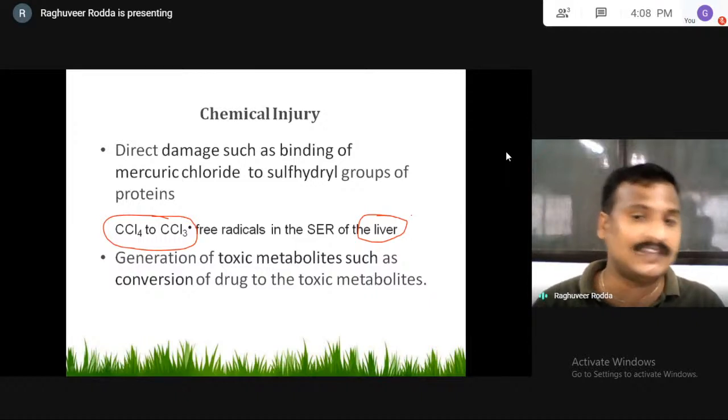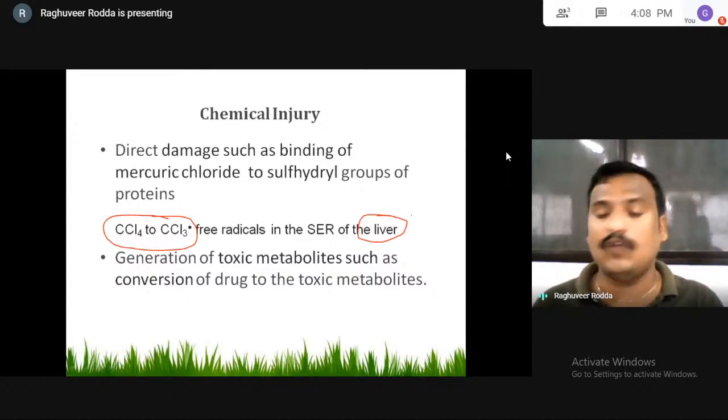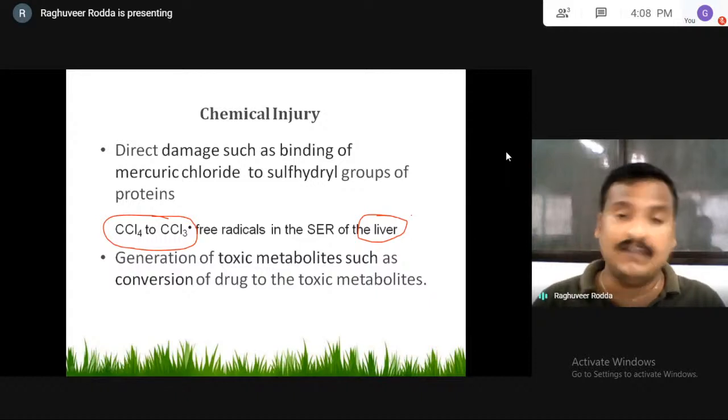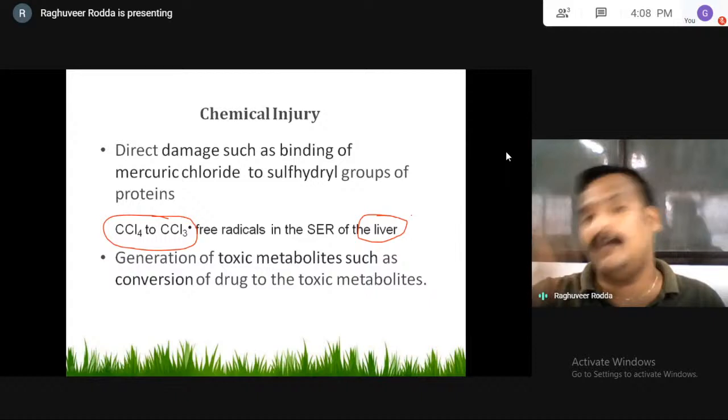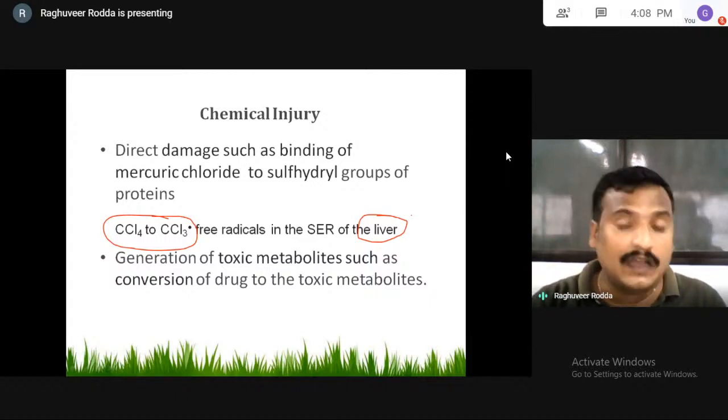In the case of drug substances, whenever liver isoenzymes like cytochrome P450 and its group of enzymes act against the drug, they convert it into a drug metabolite which is not harmful to the body.